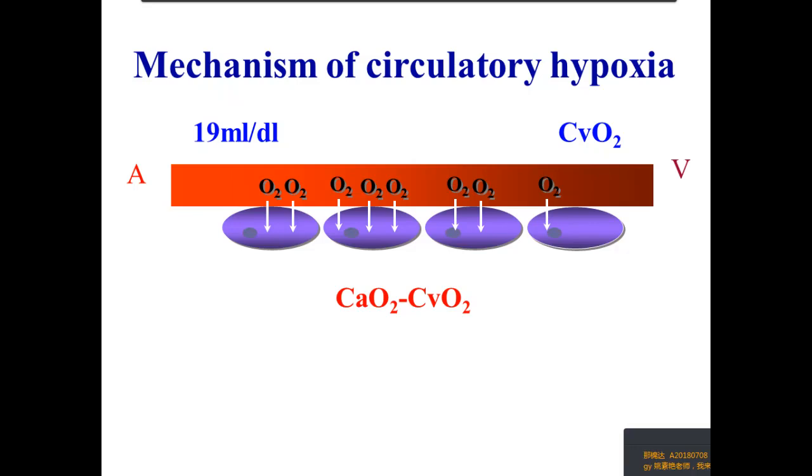So during the circulatory hypoxia, because blood flows slowly, so in 100 millimeters blood, more than 5 millimeters oxygen move into the tissue cell. So the parameter artery venous difference of oxygen content increase or decrease?